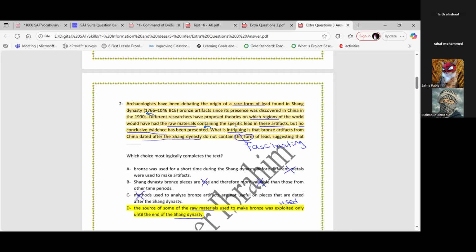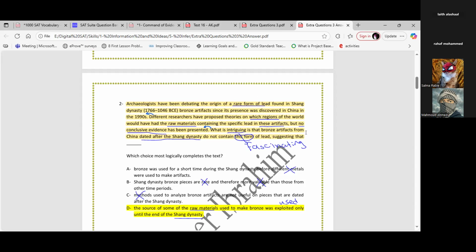What is intriguing or fascinating is that the bronze artifacts from China dated after the Shang dynasty don't contain this form of lead. So only this form of lead was used in the Shang dynasty. Not before, not after.